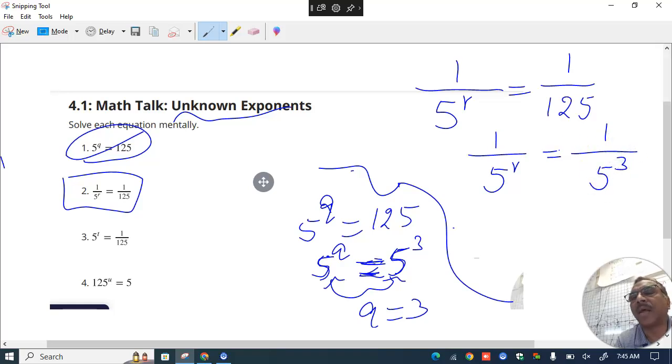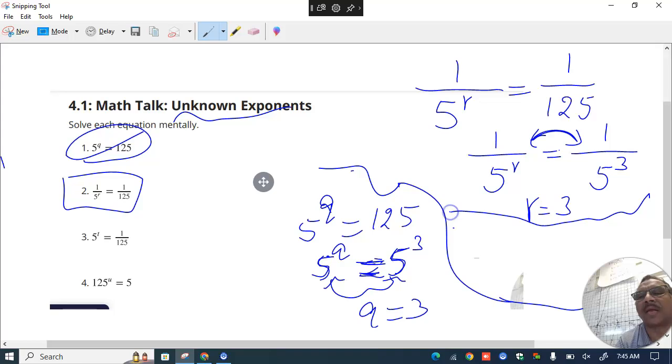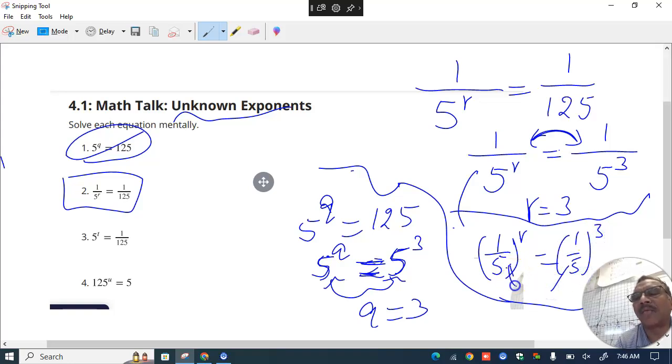These can be equal only if r is 3. That's the only way it is possible to be equal. Or you could write this piece as 1/5 raised to r, and the second one as 1/5 raised to 3. So the base becomes 1/5 on both sides, so r has to be equal to 3. So this is another way to do it.